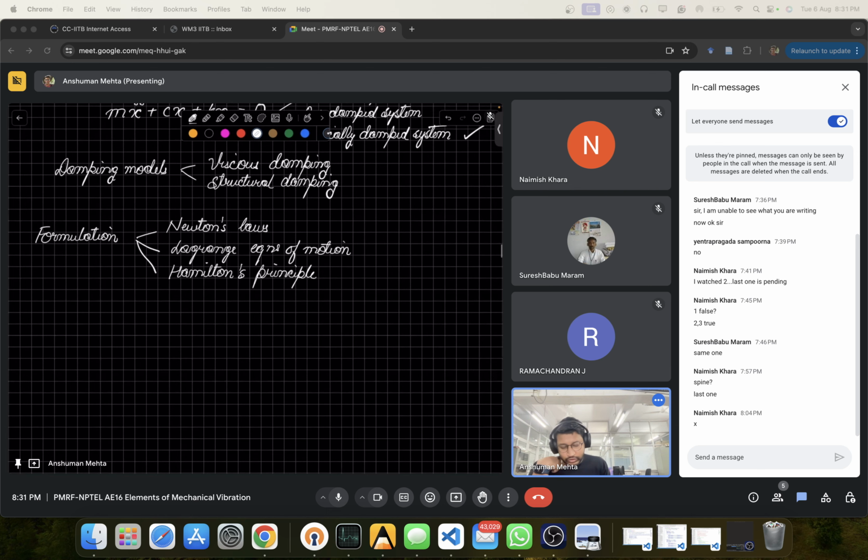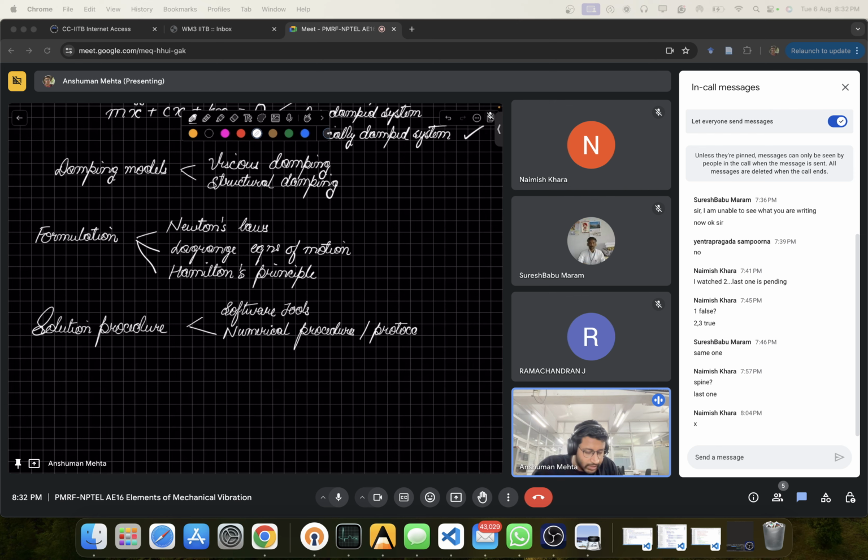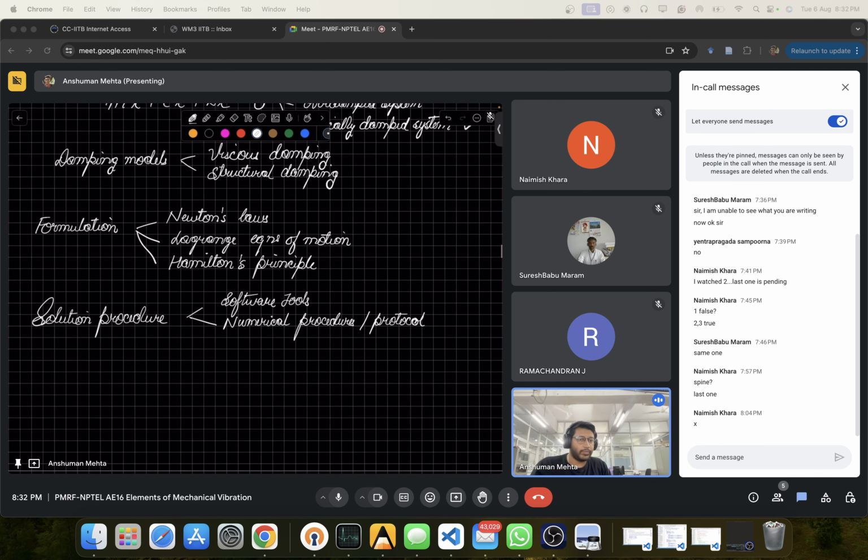And if we consider the solution procedure, then we have different software tool packages, or different numerical procedures, or protocols which we can follow to simplify the problem so it can be solved using a computer.